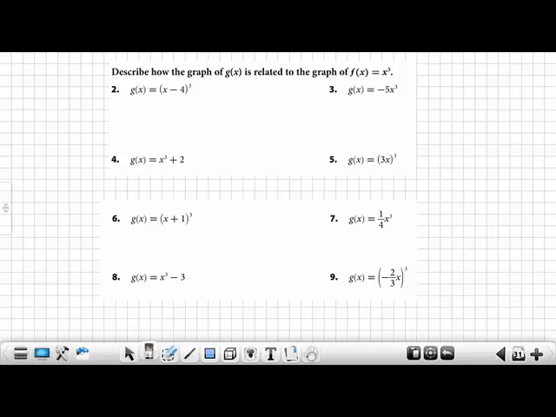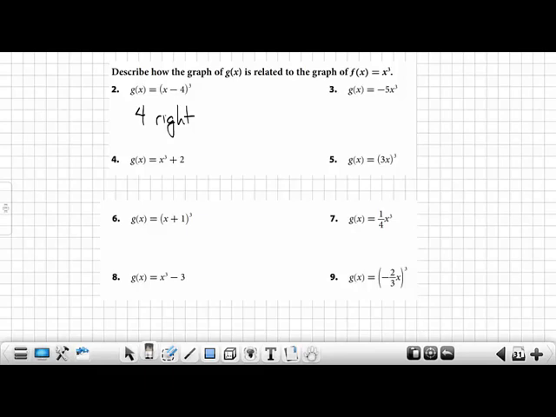So this one, as Beatrice said, she said it makes the vertex 4, 0, which is correct. It's not quite a vertex because it's a cubic function. It's kind of like the center of it more, right? But we want that in very easy terms. This is simply 4 to the right. That's the answer. Done. Number 3.